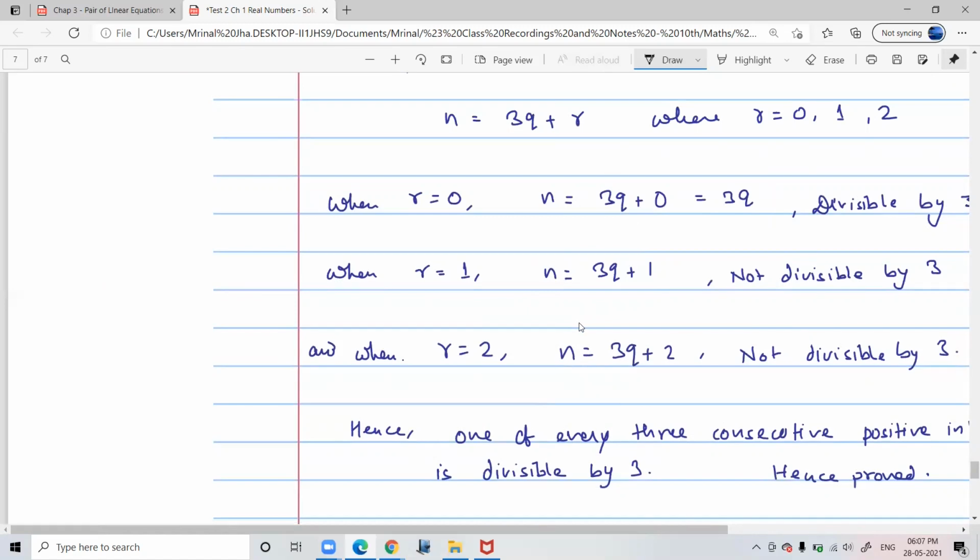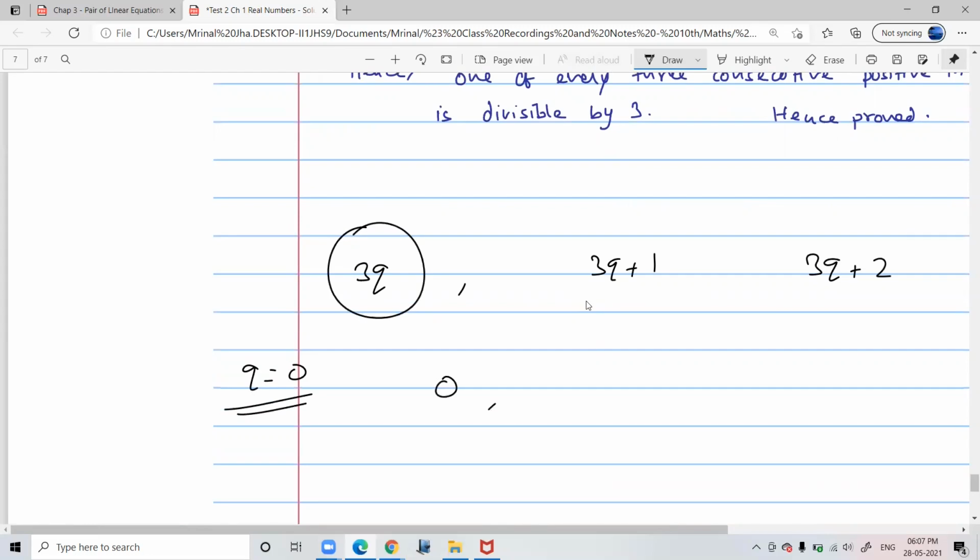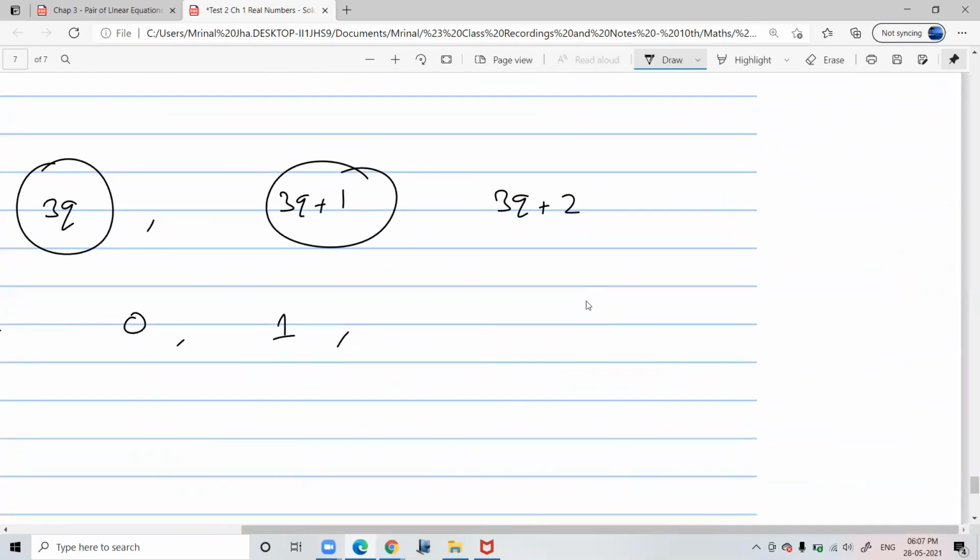You can check it. Take the value of q as 0 and see what happens. 3q, 3q plus 1, and 3q plus 2, with q equal to 0: 3q will become 0, 3q plus 1 will be 0 plus 1, that is 1, and this will be 0 plus 2, that is 2. So we get 0, 1, and 2.